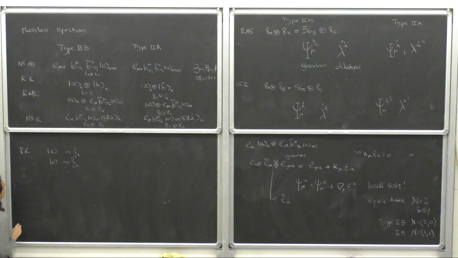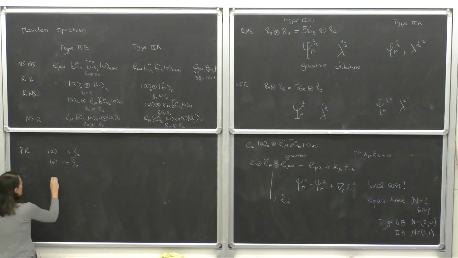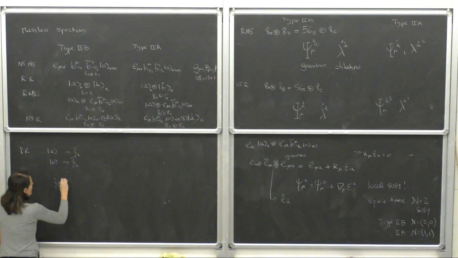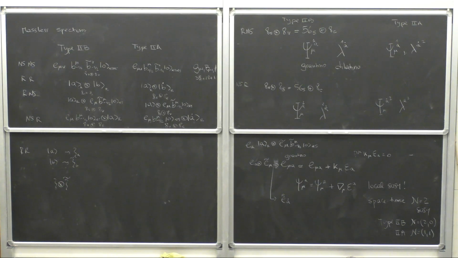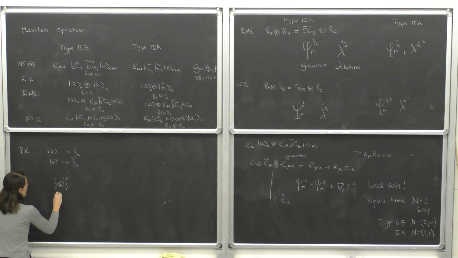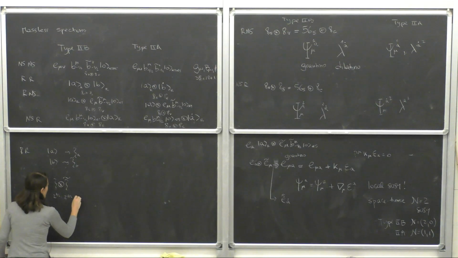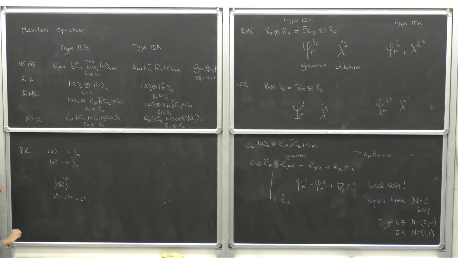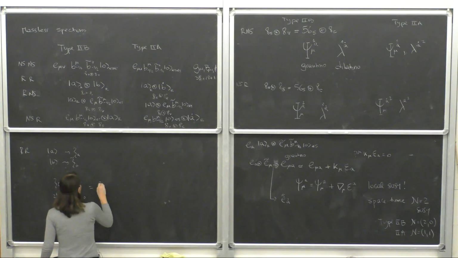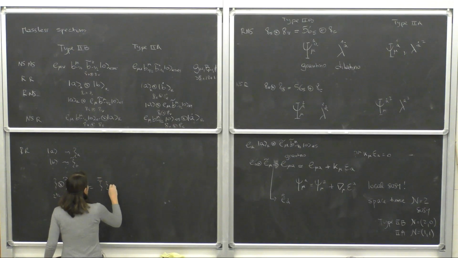I mean, yeah, I'm not sure whether to give you the result. I'll be quick. So this, you have tensor product of xi and xi tilde. These are 2 to the d over 2, 2 to the d over 2 degrees of freedom. Then, well, Majorana, whatever. So this is 2 to the d degrees of freedom. And this is the same number of degrees of freedom that you have if you do this.